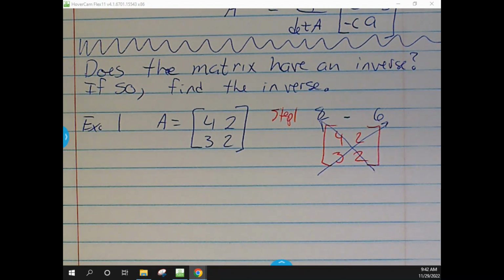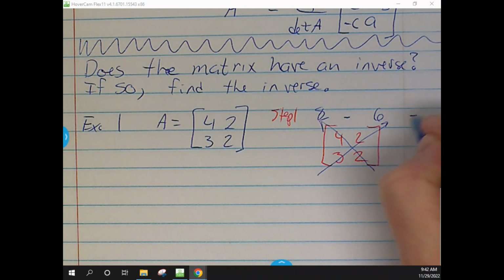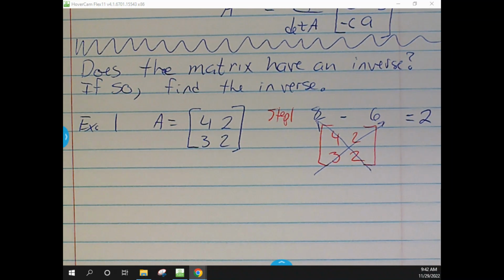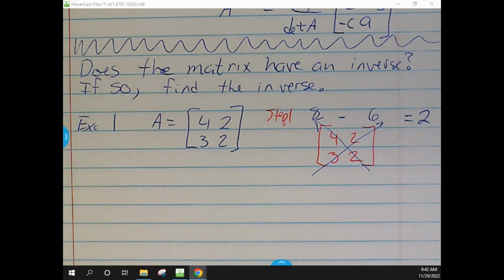So we got 8 minus 6. That is 2. And as long as it's anything other than 0, then yes, we do have an inverse. So there is an inverse that we can find. Now we have to figure out what that inverse is going to be.